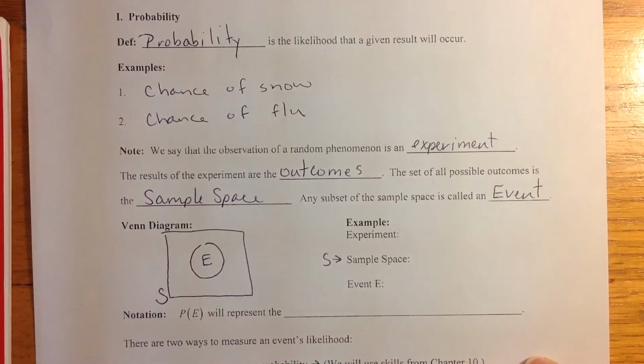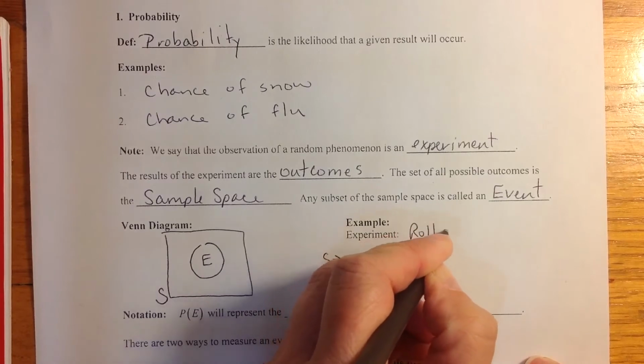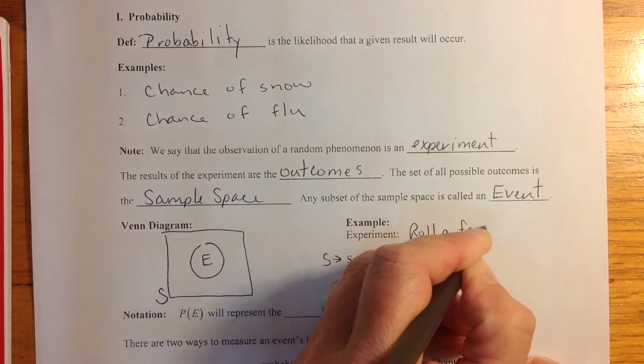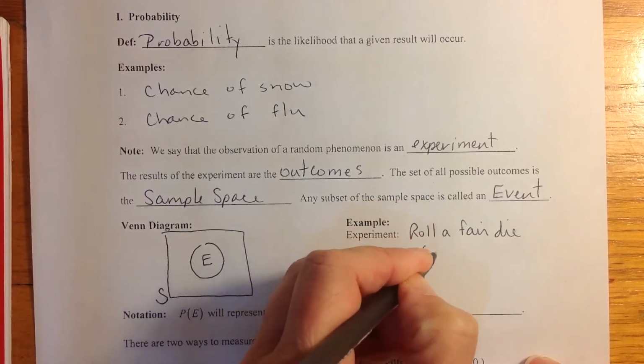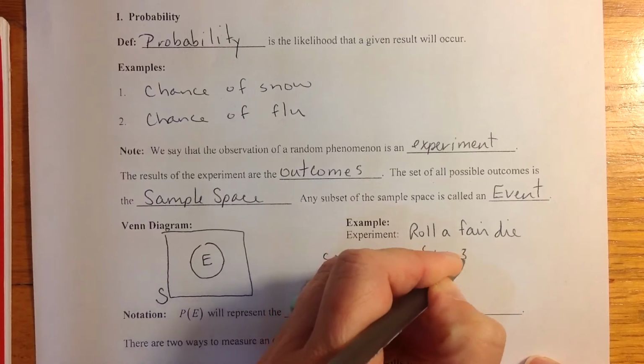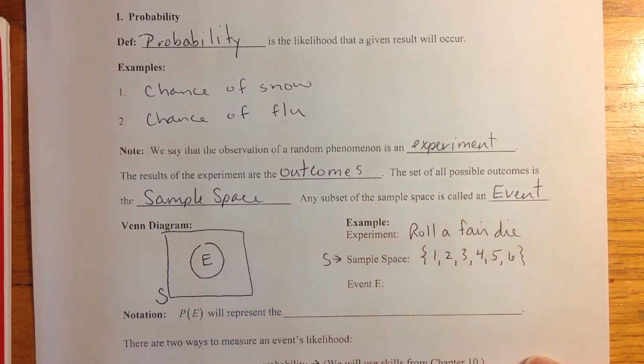So let's look at an example. Let's say the experiment is to roll a fair die. Well, our sample space would be the outcomes that we could see. So we could see 1, 2, 3, 4, 5, 6.